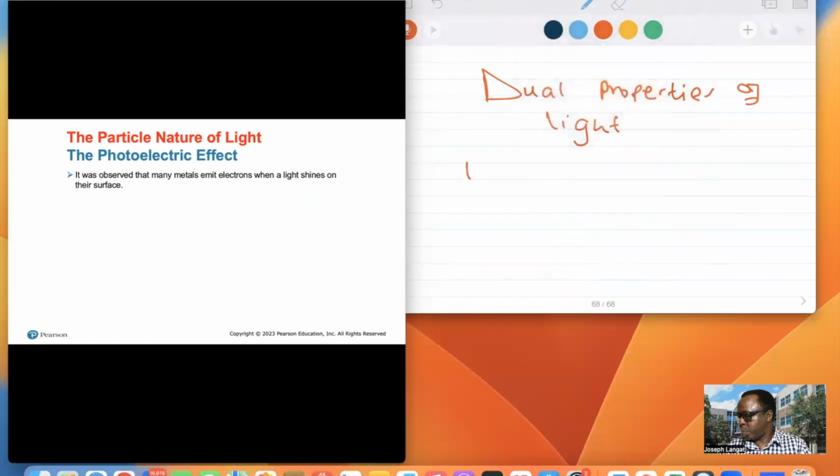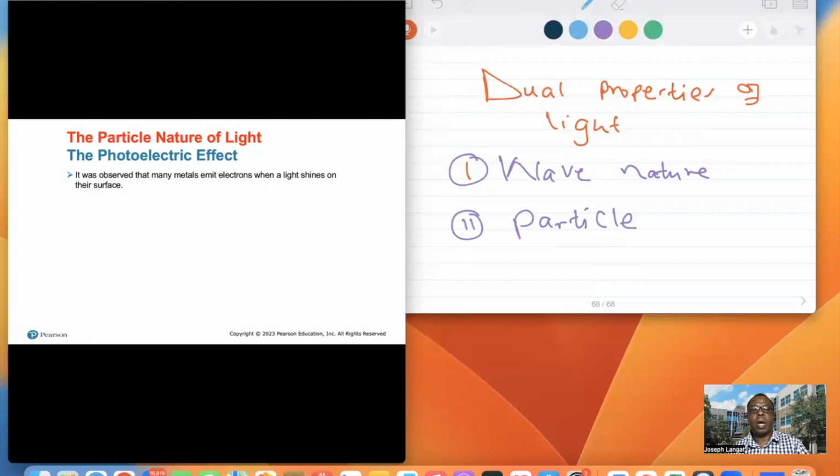One, wave nature, and then two, particle, which is now our second part we are going to look at as far as the properties of light.